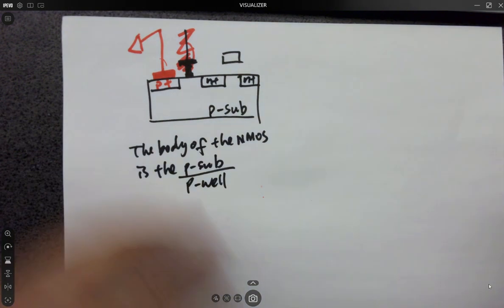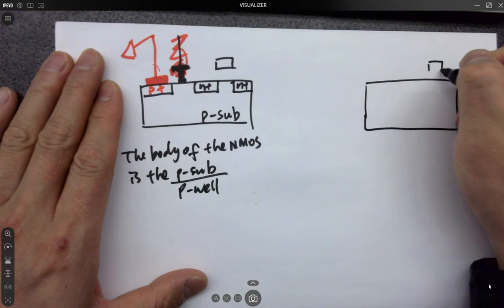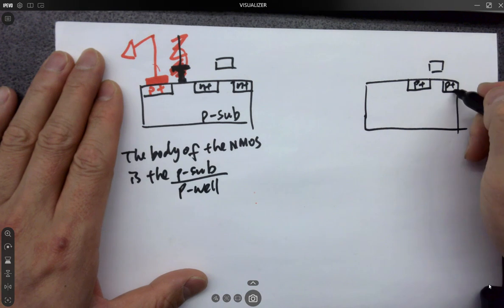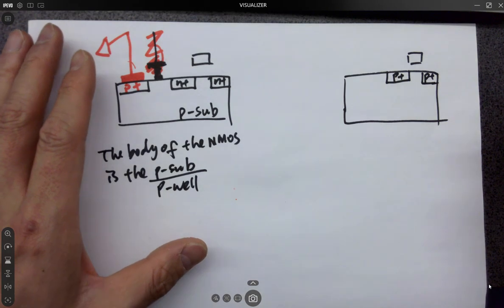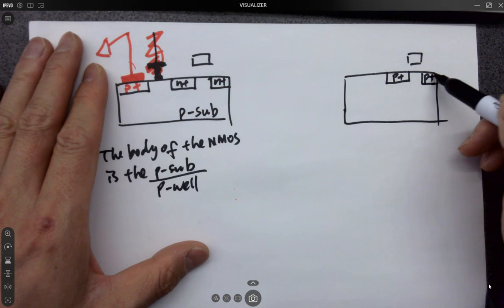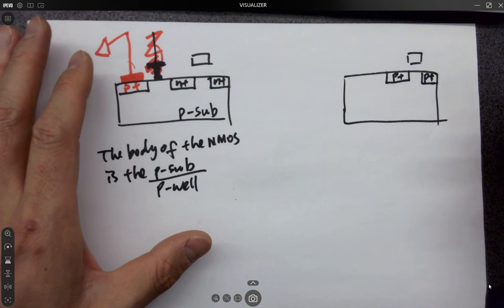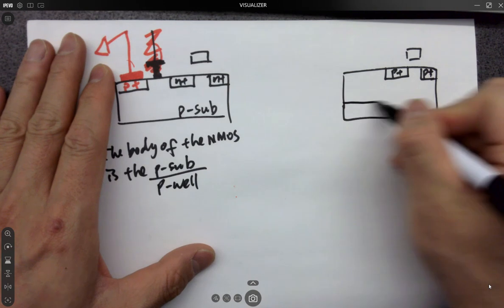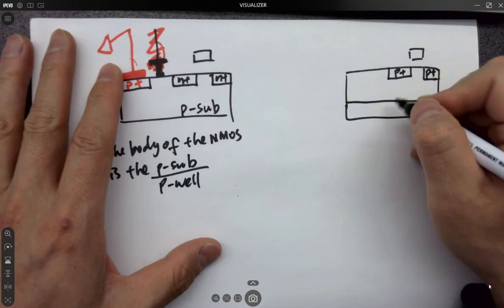So for the PMOS, what's the body of the PMOS? P sub, right?